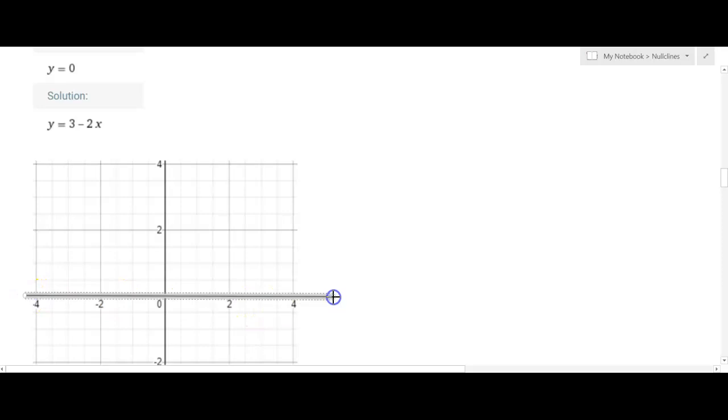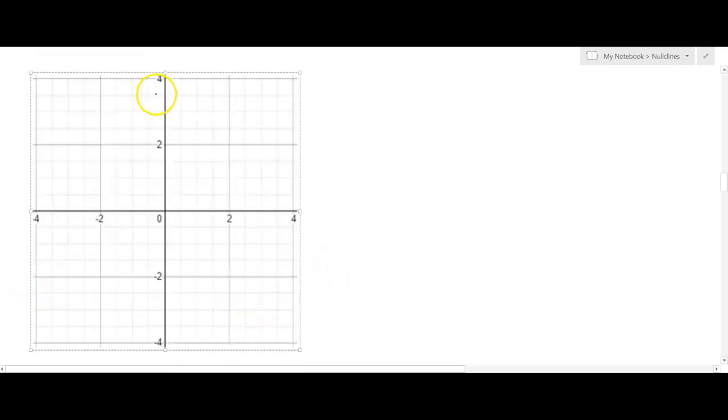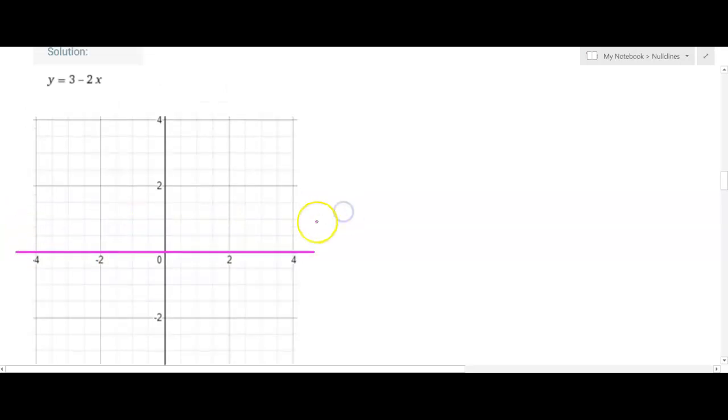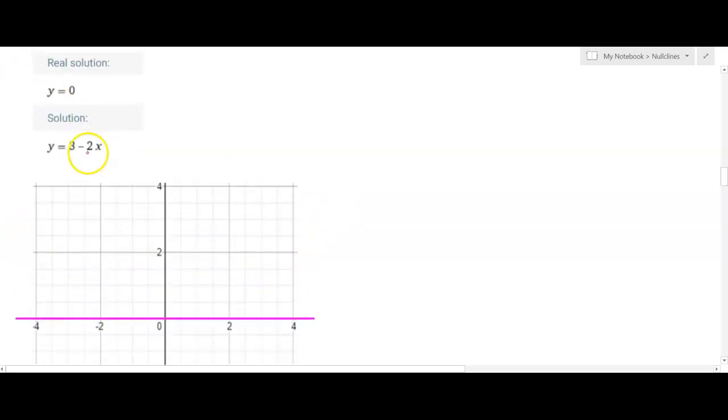I want to use a different color there. Let's go ahead and use this one here. So there we go. All right, so y equals 0 is one of our nullclines. And then y equals 3 minus 2x, which is the line that goes through (0, 3) and decreases by 2 for every 1 unit of x.